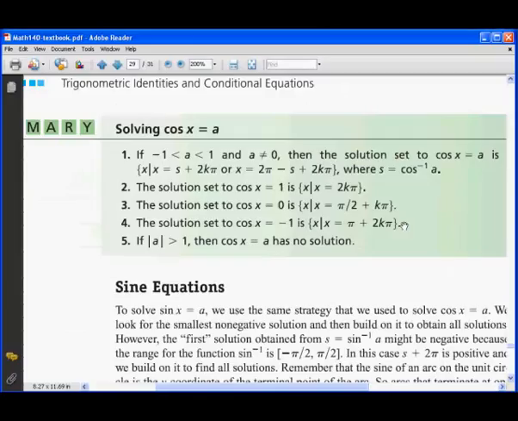Now let's look at page 558 and the summary for solving the trigonometric equation cosine x equal to a. If a is greater than -1 and less than 1 and a is not equal to 0, then the solution set to cosine x equal to a is the set of x such that x is equal to s plus 2k pi, or x equal to 2 pi minus s plus 2k pi.